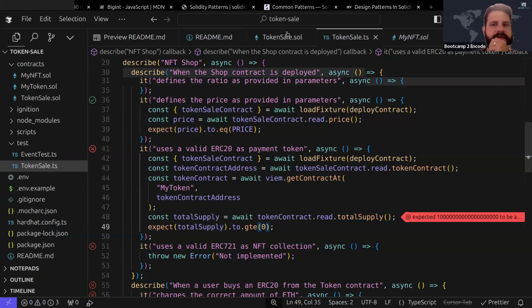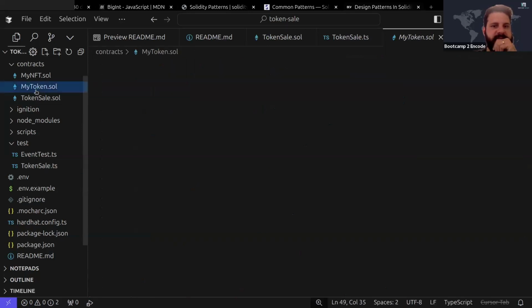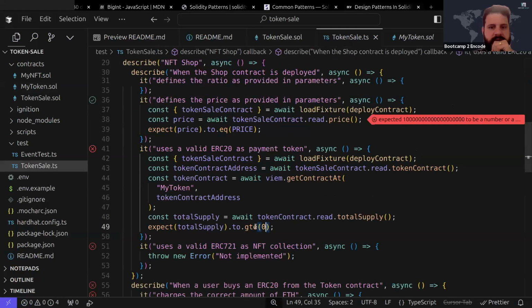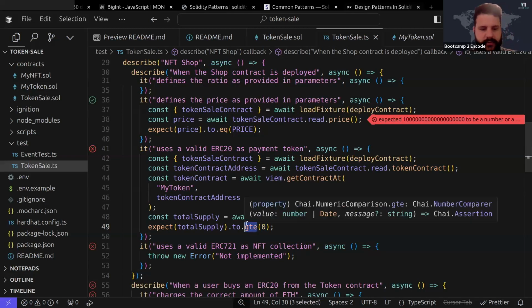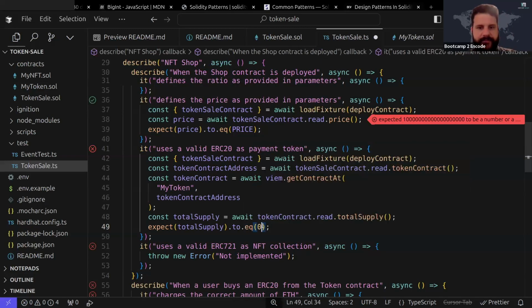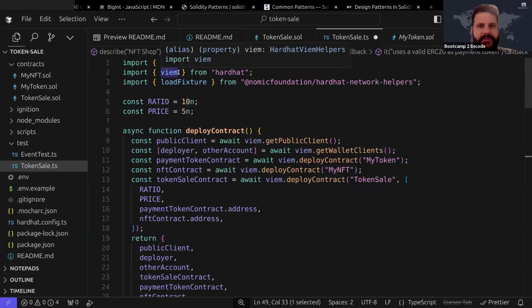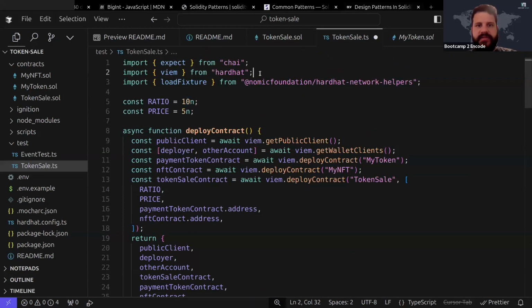How much did I put? Let me see in my token. 10 decimals. So let's change to equal here. And let's use this function from VM that is parseEther.